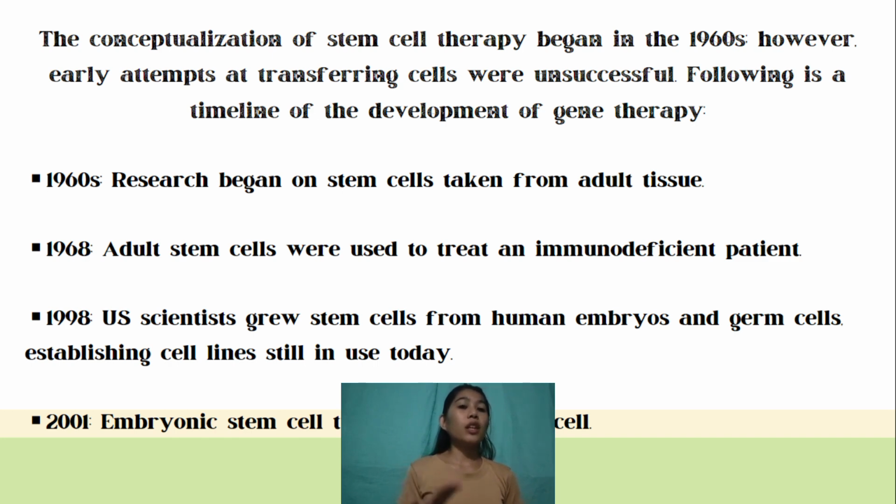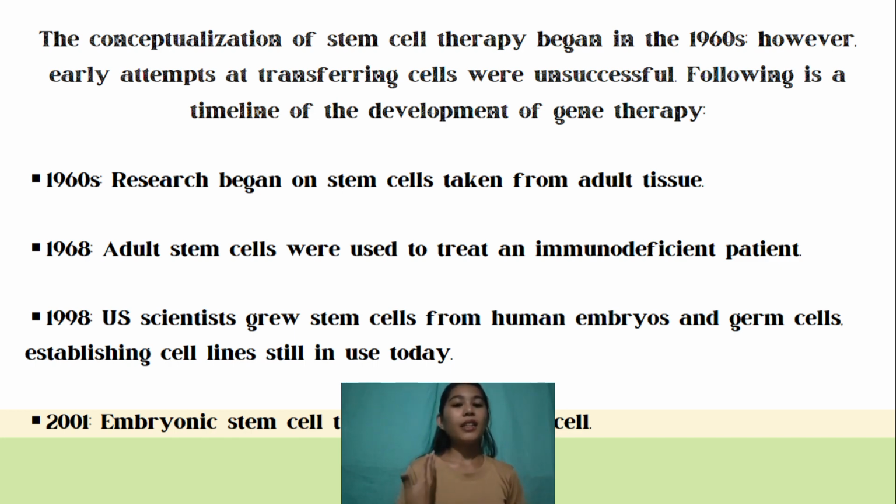This early research aimed to understand the fundamental properties of stem cells, such as their ability to differentiate into various cell types and their role in tissue development and repair. So in the 1960s, the research began.